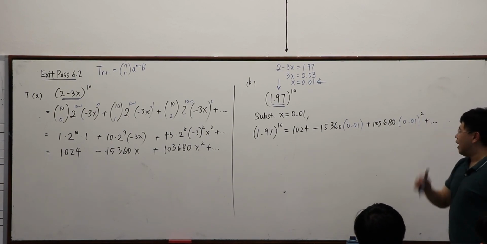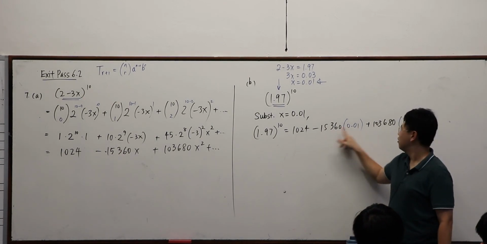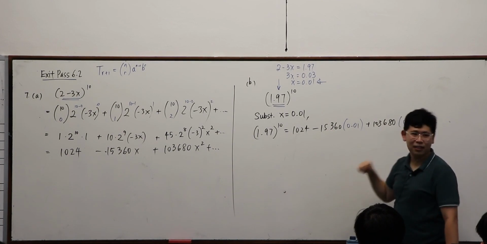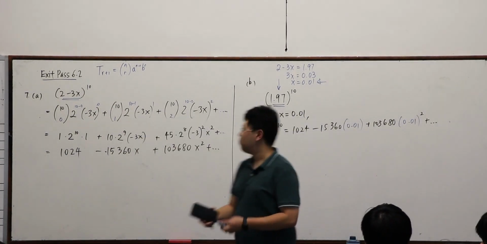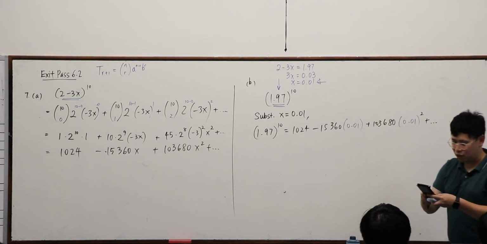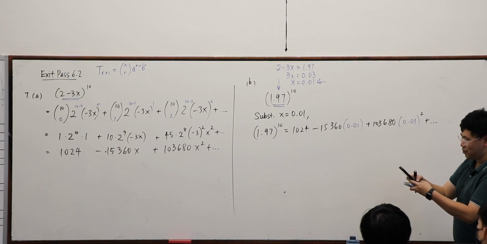So last time, the people did not have calculators. So it's just moving the decimal here and there. But we have calculators, so let's make it easier for our brain. Minus 15360 times 0.01.